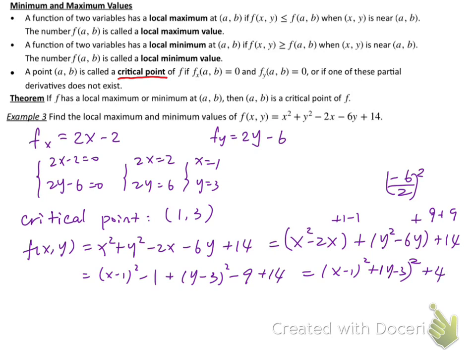So when x equals 1 and y equals 3, the two perfect squares are both 0. And when x and y are not 1 and 3 at the same time, the value will be a little bit bigger.